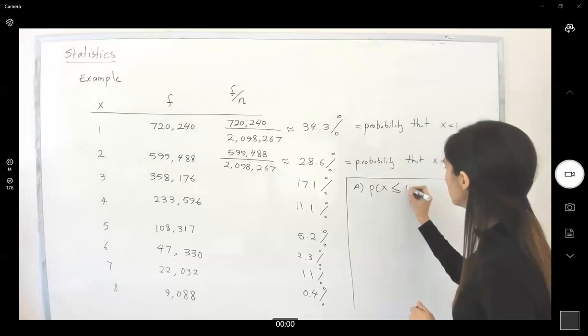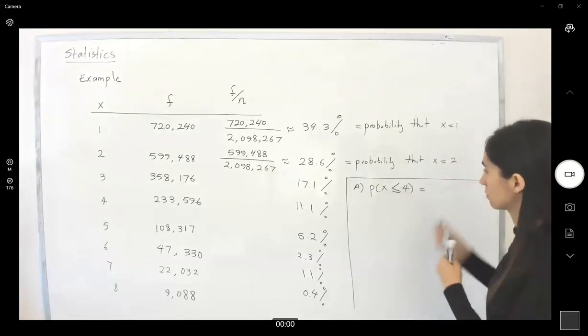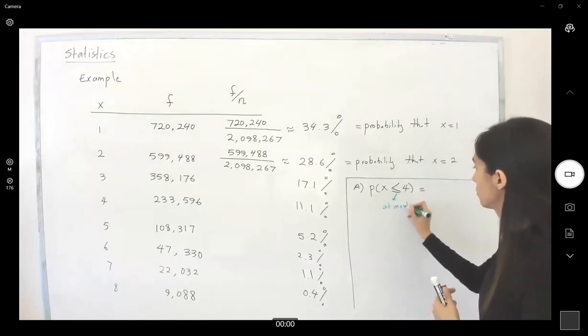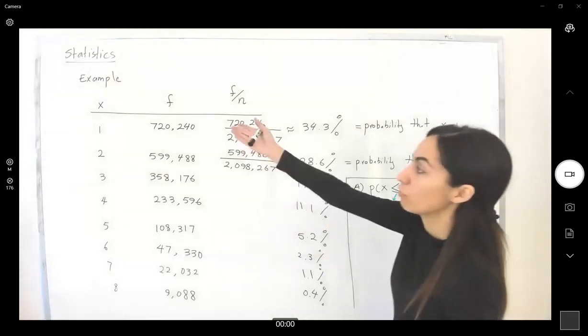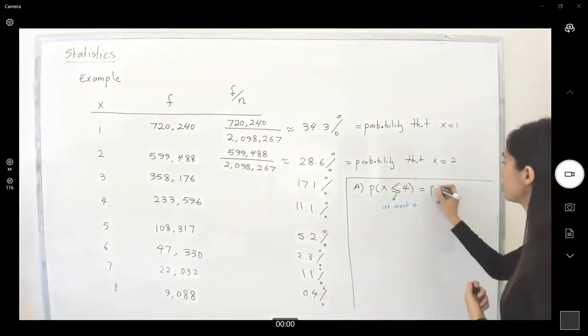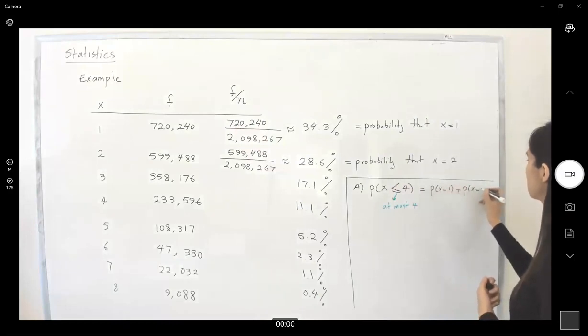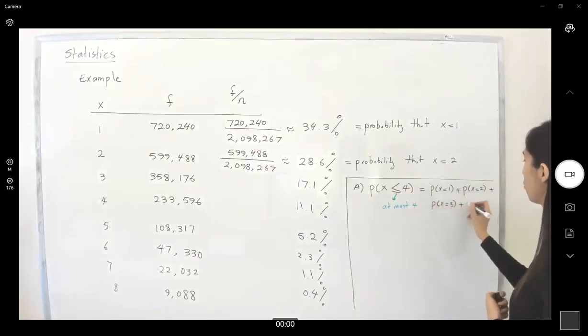So at most 4, it means that it can be 1 or 2 or 3 or 4.